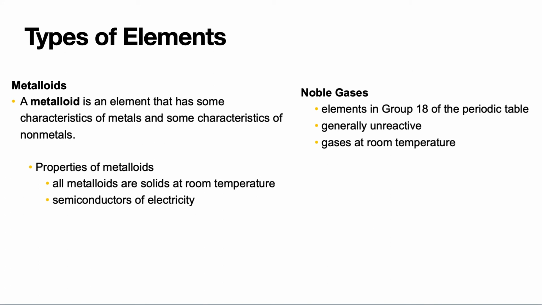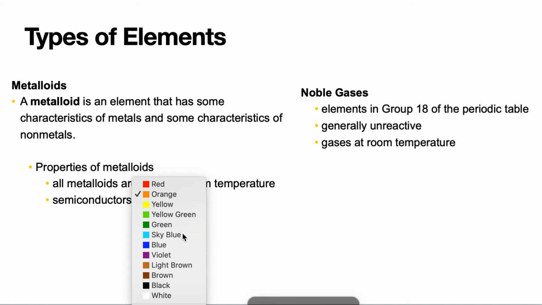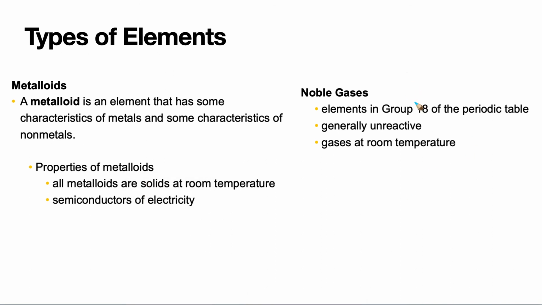And our metalloids: a metalloid is an element that has some characteristics of metals and some characteristics of nonmetals. Some properties of metalloids: all metalloids are solids at room temperature, and they're semiconductors of electricity. And noble gases are elements in group 18 of the periodic table, or you'll hear me say a lot, group 8A.